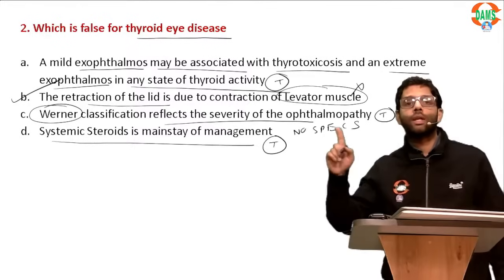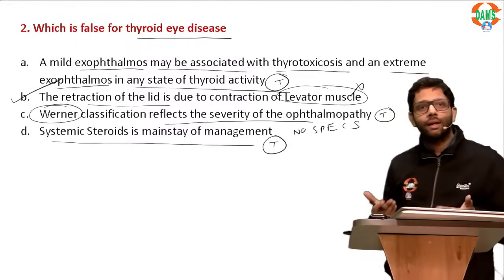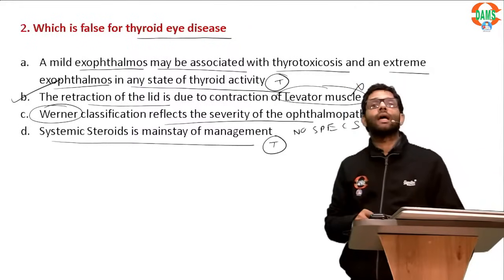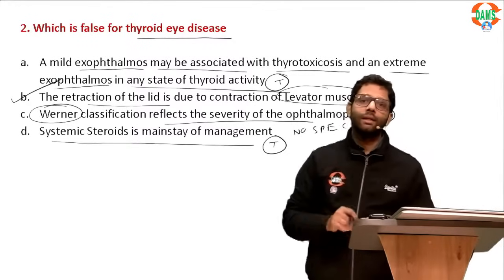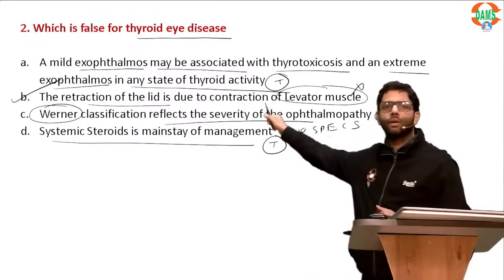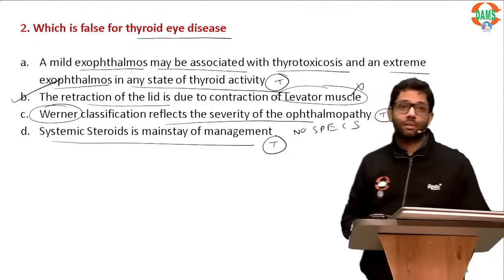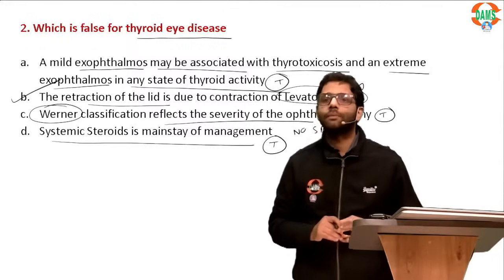It is due to Muller muscle. That is the answer. Muller muscle is under sympathetic activity, and in thyroid disease there is increased sympathetic activity. So increase in sympathetic activity can cause elevation of the eyelid. That is lid retraction. That is the answer of this question. So one word, everything is true except this levator word. And that is how one word can change your answer, your life. Also very important. Good.